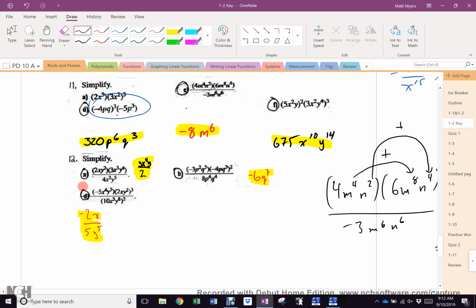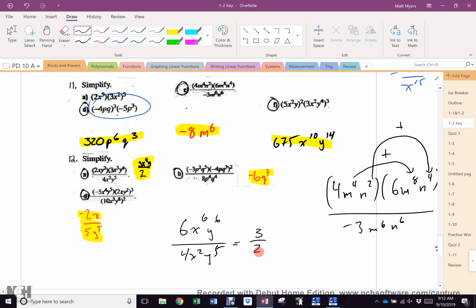So, what's 2 times 3? x to the 5th times x. That's 6. x to the 5th times x. x to the what? 6th. y to the 6th over 4x squared y to the 5th. 6 over 4. What do you do in grade 4 when you learn fractions?